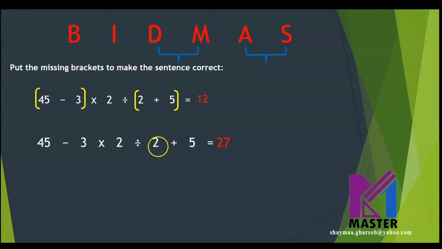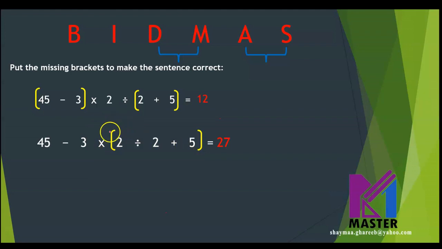I have 2 divided by 2 plus 5. Yes, of course. So 2 divided by 2 is 1. 1 plus 5 is 6. But then it means I have to give the priority to these calculations to be done first. So I can put the bracket around these calculations together.